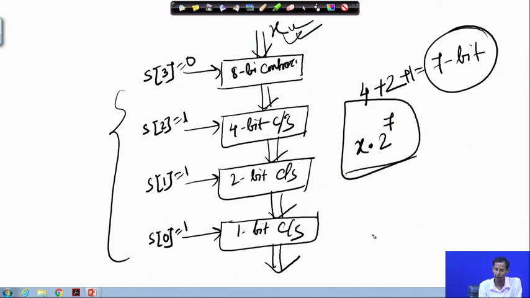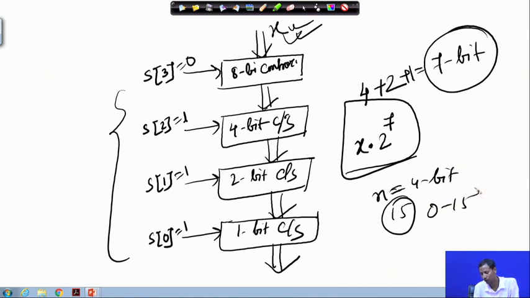So, if n is of 4 bit, then from 0 to 15 I can choose any value of shifting of this x. By this structured manner I can shift by any value within the range of 0 to 15.